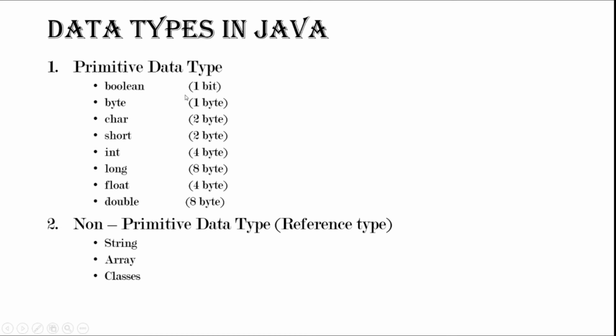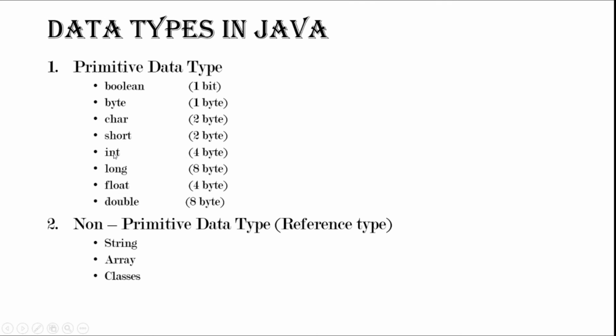The size is different for each data type. The size for boolean is 1 bit, for byte is 1 byte, for char is 2 bytes, for short is 2 bytes, for int is 4 bytes, for long is 8 bytes, for float is 4 bytes, for double is 8 bytes.